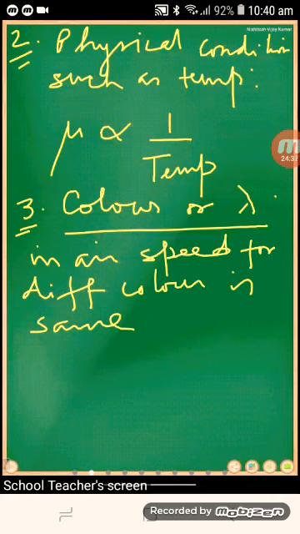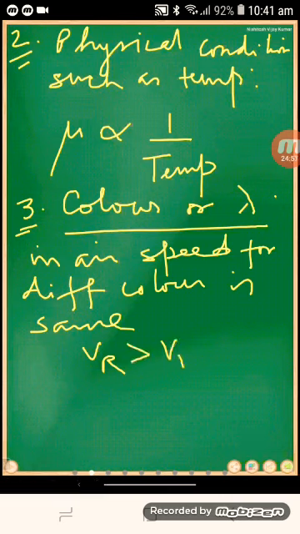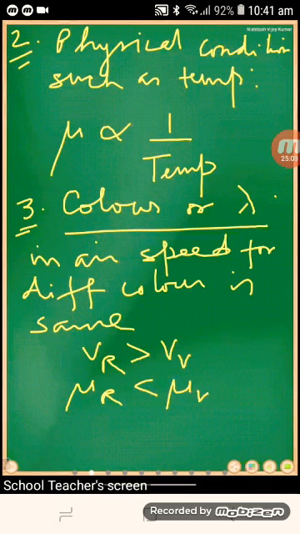Now, the speed for the red color is going to be greater than the speed for the violet color, because the refractive index for the red color is going to be less than the refractive index of violet color, and this arises because the wavelength of the red color is more than the wavelength of the violet color.